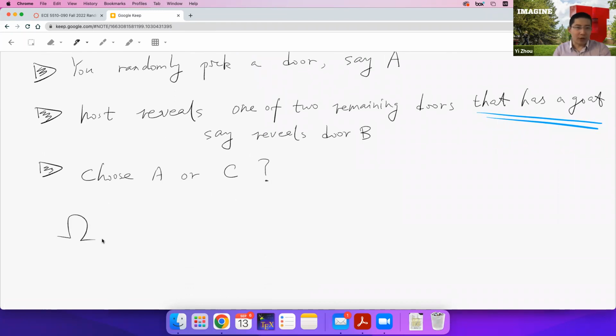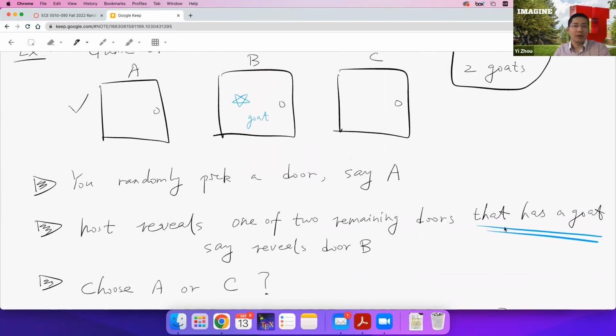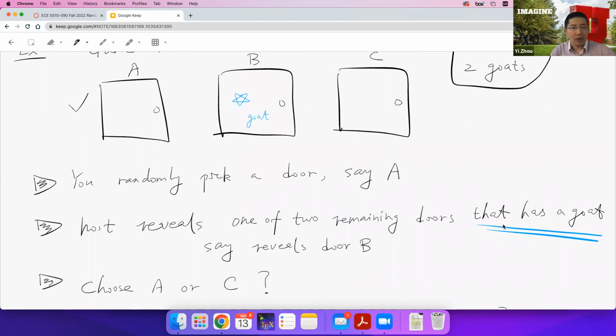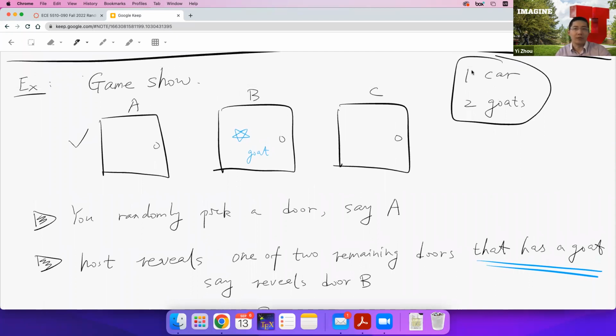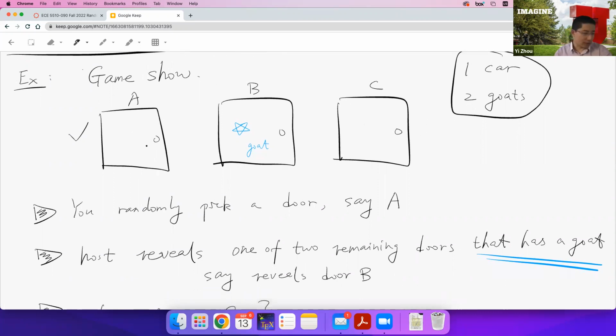So the first question is, how do we define our outcome space? What is the outcome of this experiment? I would say the outcome is naturally the assignment of these three gifts to the three doors, but based on different assignments, the consequences will be different. So let's say the outcome is defined as the assignment of these gifts to the three doors.